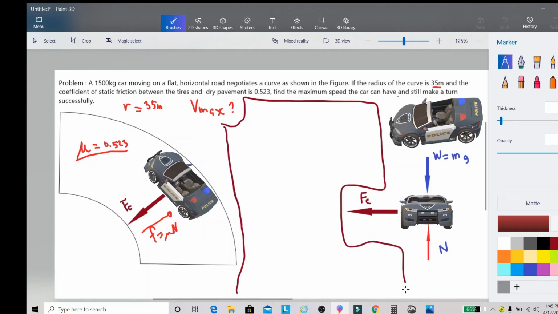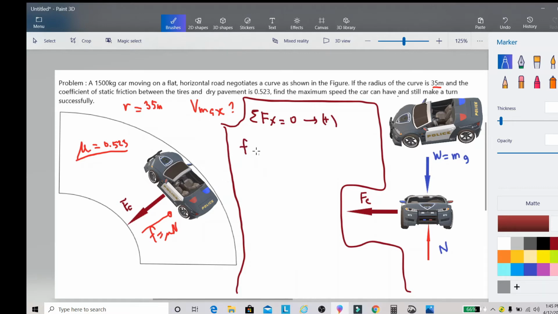We sum up forces at X and equate that to 0. We say the summation of forces at X is equal to 0, with right being positive. So what are the forces acting to the right?